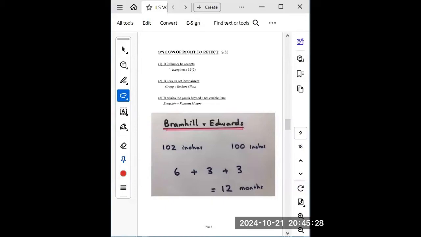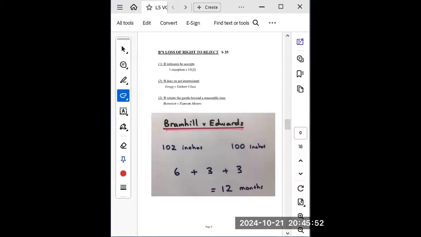If the buyer retains goods beyond a reasonable time without rejecting them, the buyer is deemed to have accepted the goods. Whether reasonable time has elapsed depends on whether the buyer has had a reasonable opportunity to examine goods to ascertain if they conform with the contract.